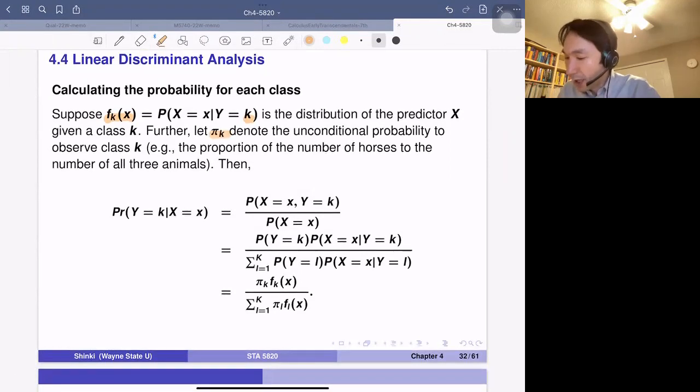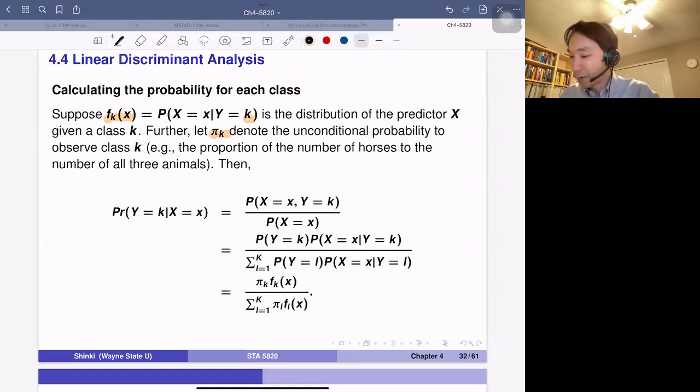And also we assign pi k. For example, if you find one animal in Michigan, even if it has a really long neck, you still see that as a deer, right? Because we don't really have giraffes in Michigan. So we have the prior probability, pi sub k.